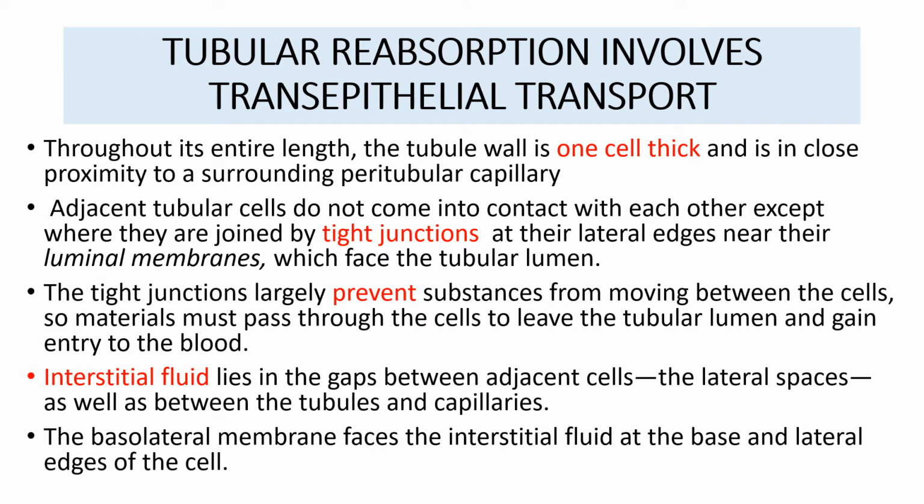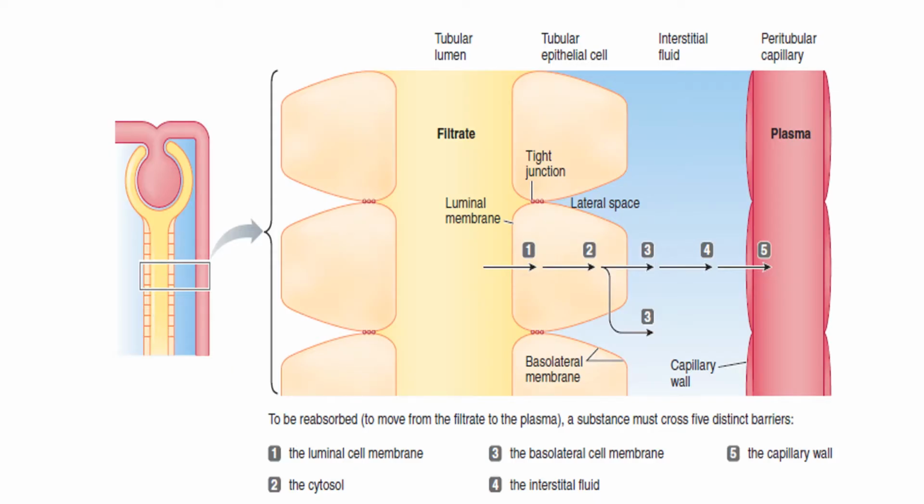There is no transcellular movement between cells. Interstitial fluid lies in the gaps between adjacent cells, that is, the lateral spaces, as well as between the tubules and capillary. The basolateral membrane faces the interstitial fluid at the base and lateral edges of the cell.